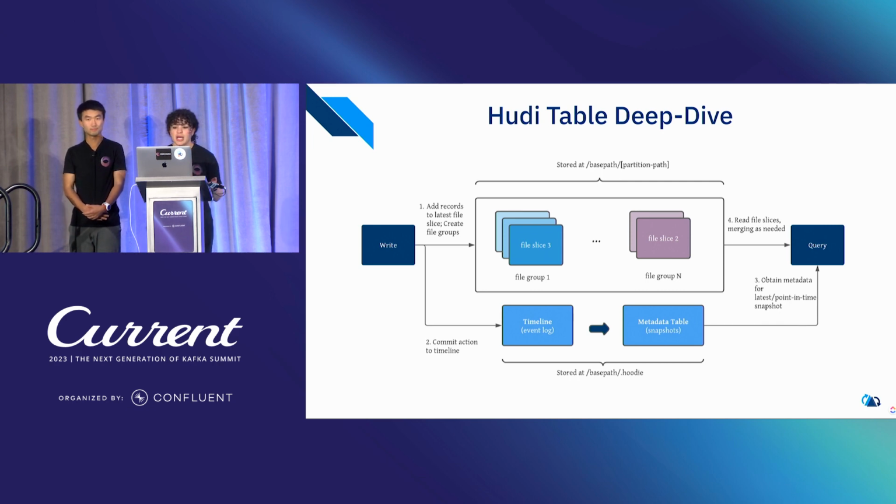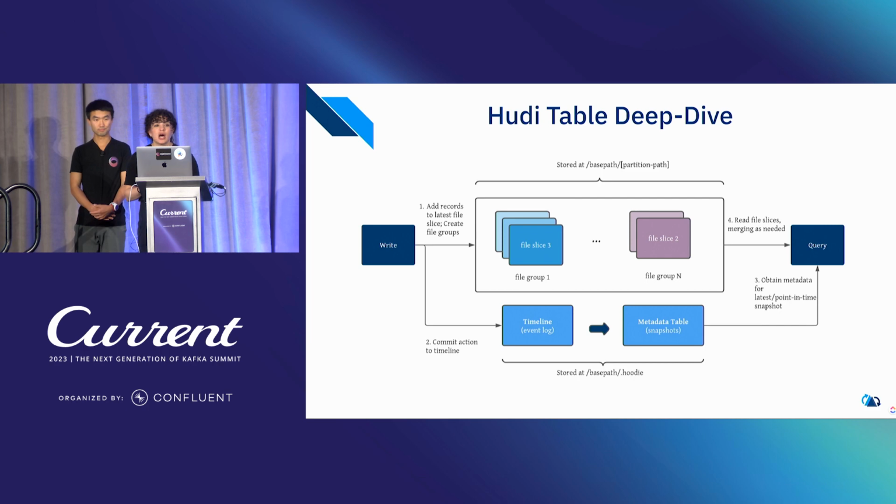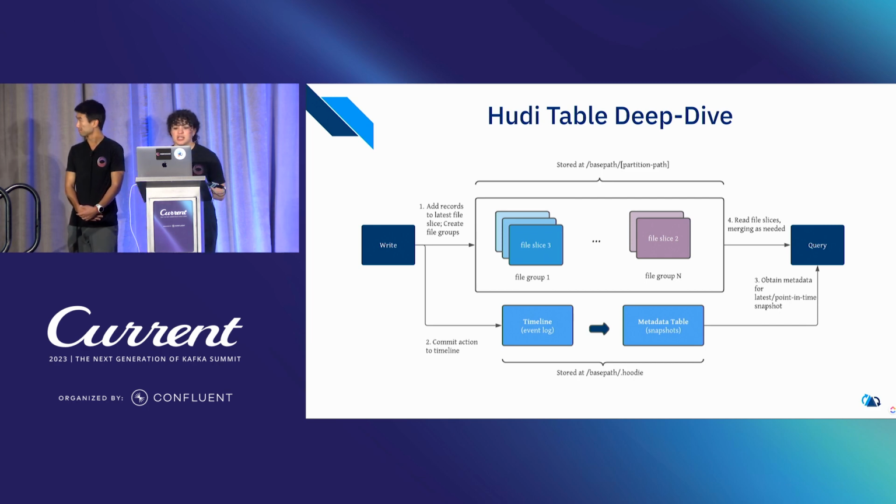On the read side, from the point of querying a Hudi table, the file layout facilitates the query engine to be able to query data at a particular point in time. And when you get into an incremental framework, this becomes really important. Now on the bottom half, when a record gets written to a file group, Hudi's timeline also records when that commit or action is done. The timeline is located in the .hudi folder, and it's essentially an event log.